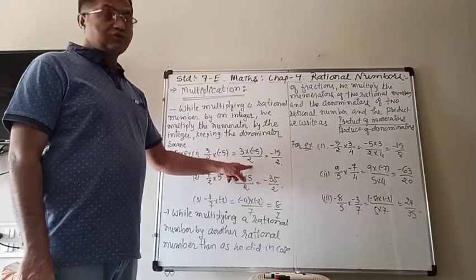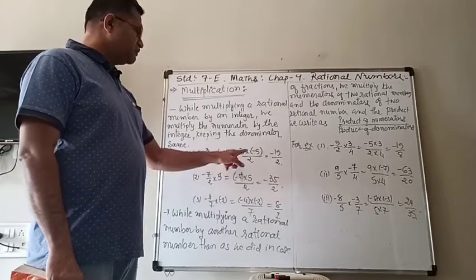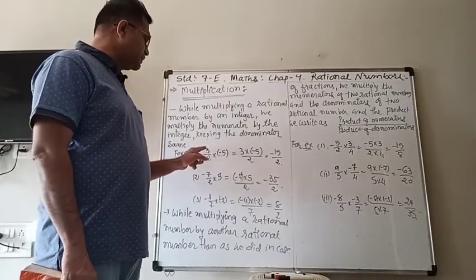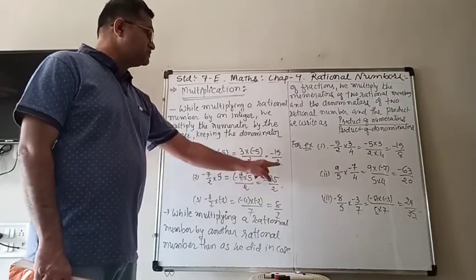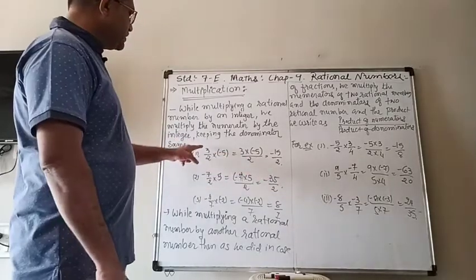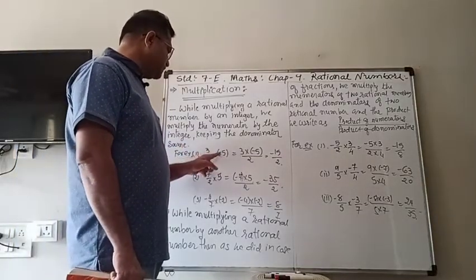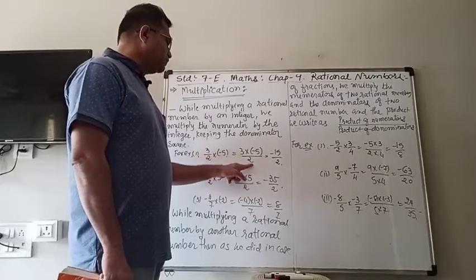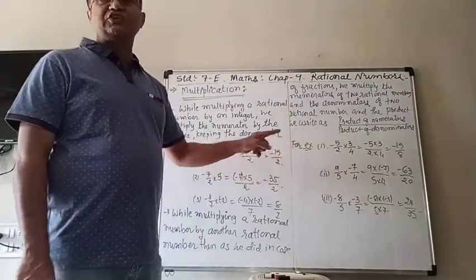So 3 multiplied by minus 5 upon 2, and your answer is minus 15 by 2.